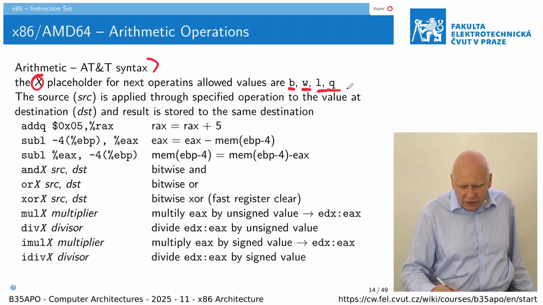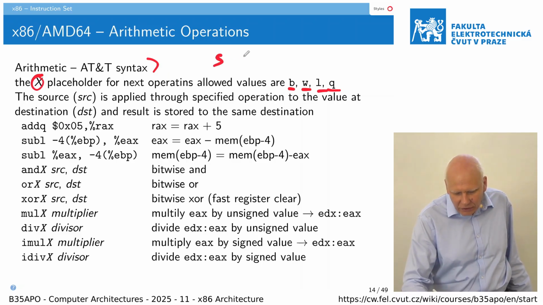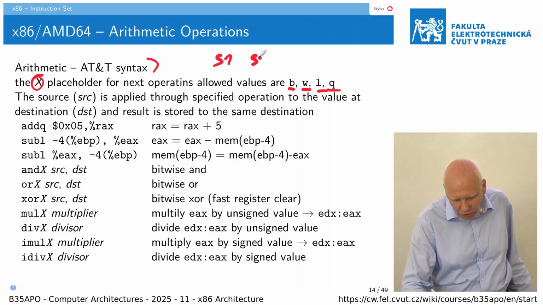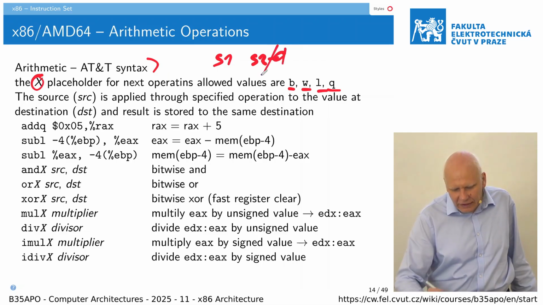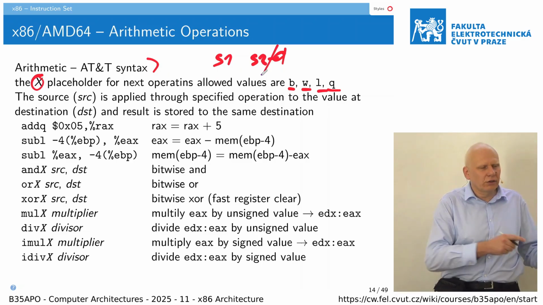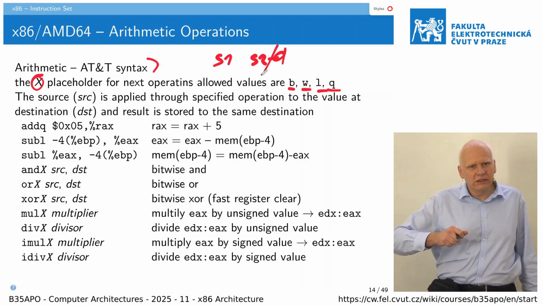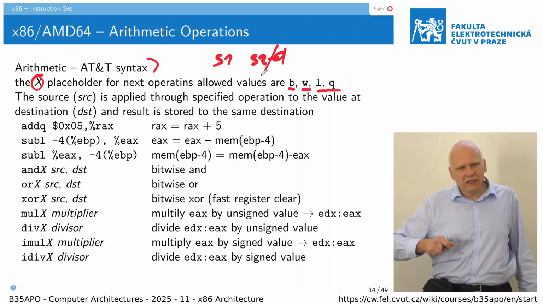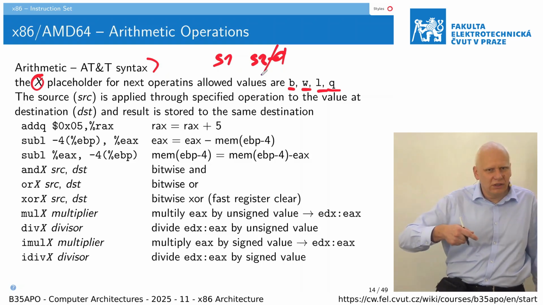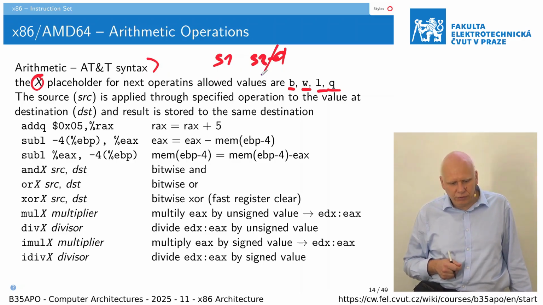One of those operands is source 1, the second operand is source 2, and even the destination. So basically you cannot add two values together and store the result to a different register, but you need to load the value to one register, to the second register, and then let the add operation modify one of these registers, which will hold the sum of those two registers.